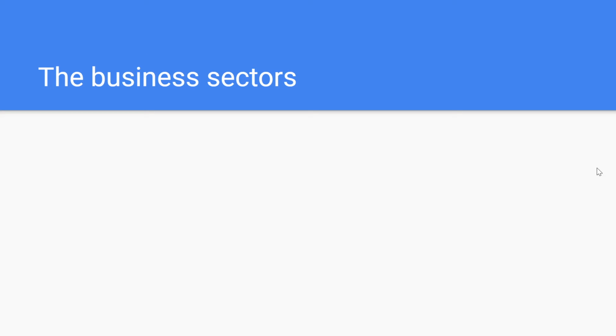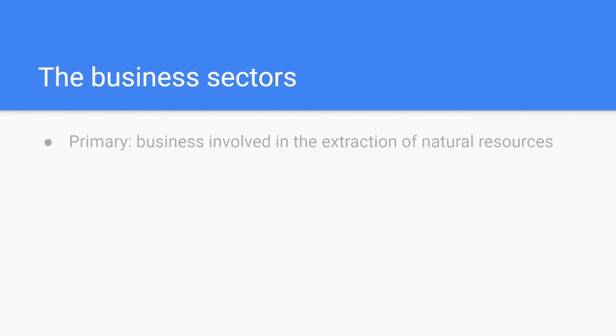All right, starting with the business sectors, there are four business sectors in IB business. So the first, or the primary business sector, talks about the businesses involved in the extraction of natural resources, as you can see here.